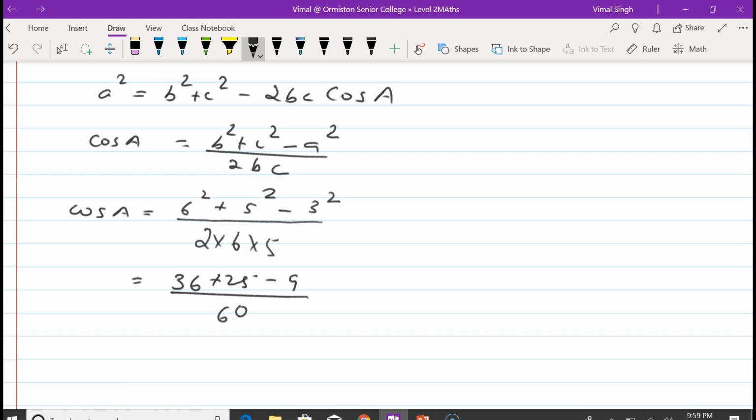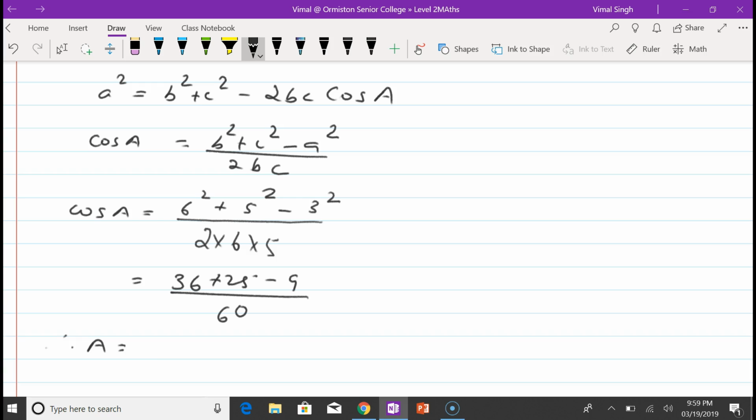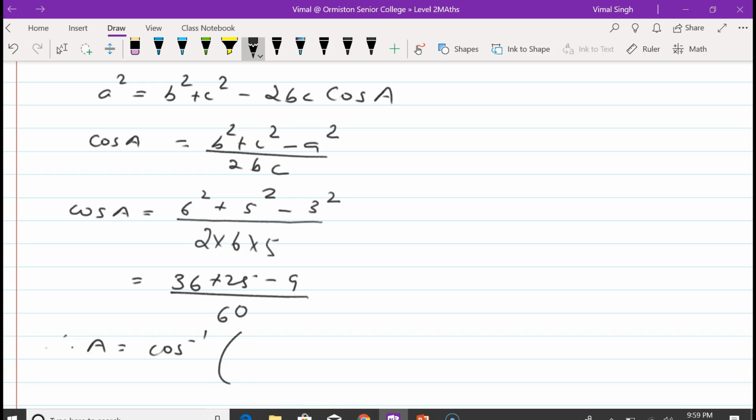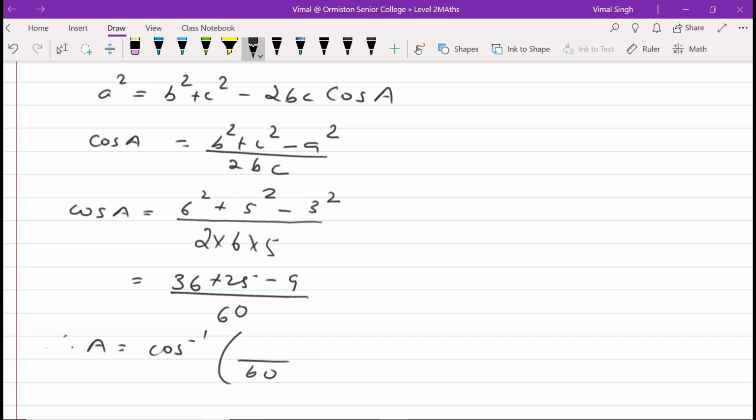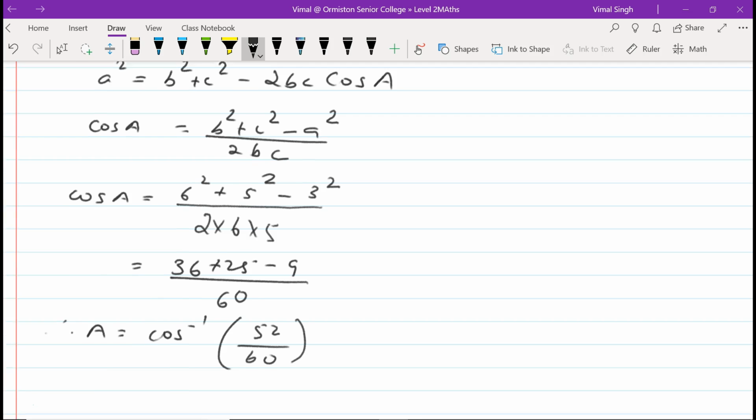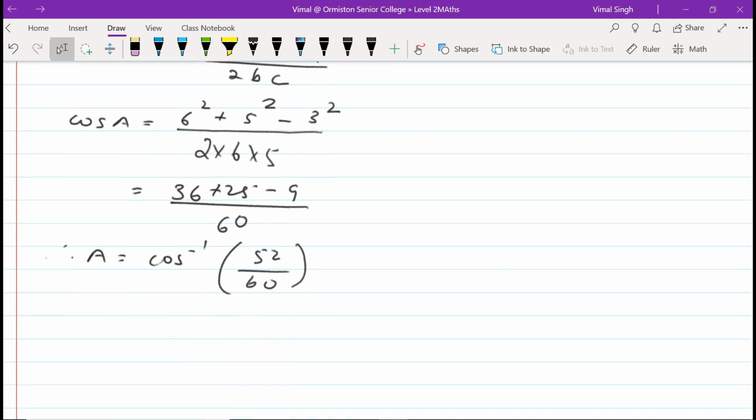So that means A is going to be cos inverse of... 36 plus 25 minus 9 is going to be 52. So finding cos inverse of 52 divided by 60.